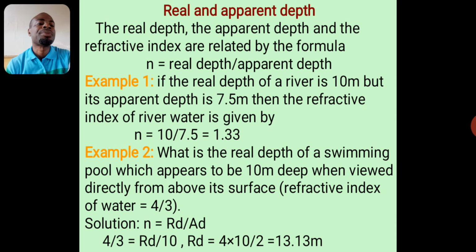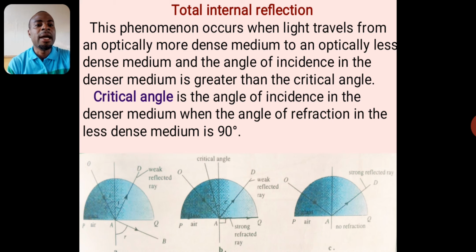Okay? We now take a side heading. Total internal reflection. What is total internal reflection? This is a phenomenon that occurs when light travels from an optically more dense medium to an optically less dense medium, and the angle of incidence in the denser medium is greater than the critical angle.